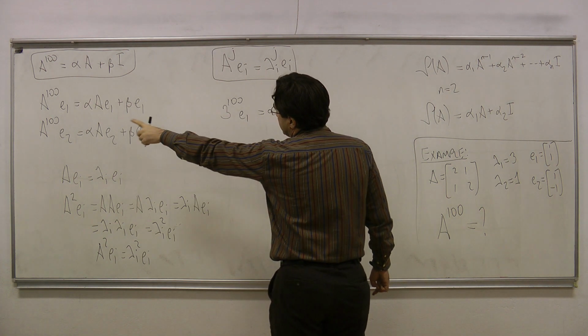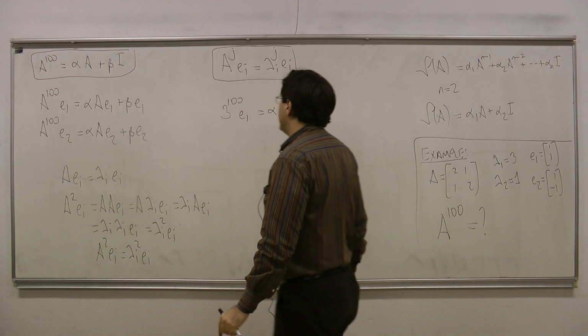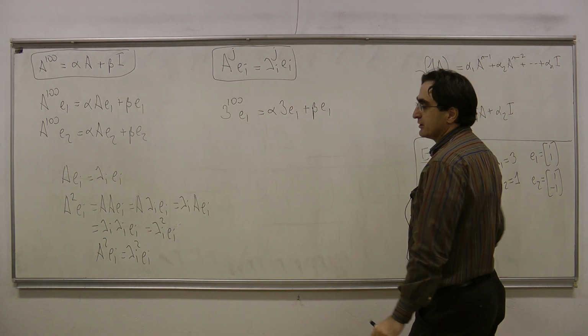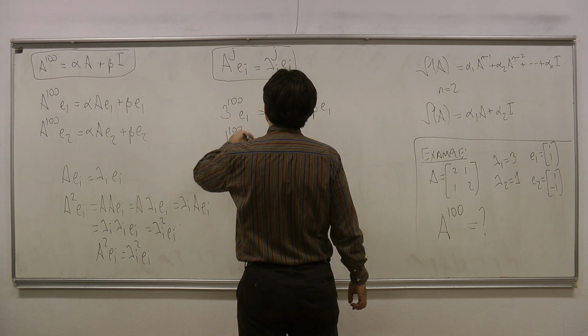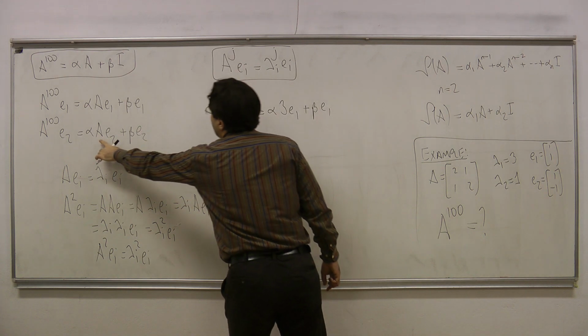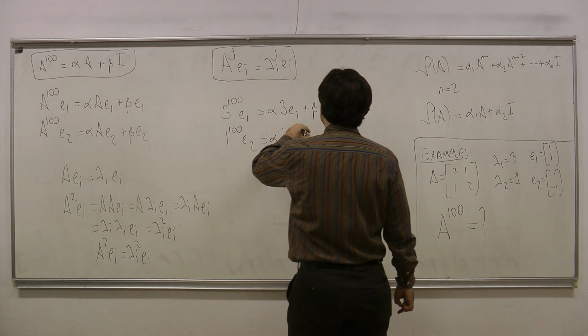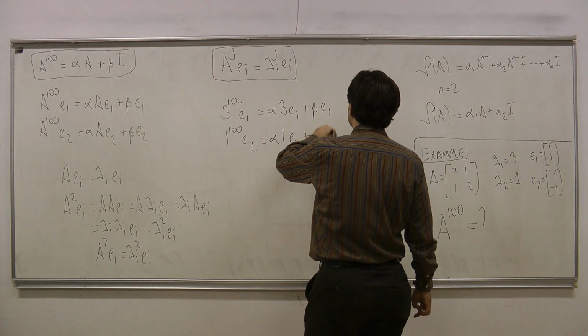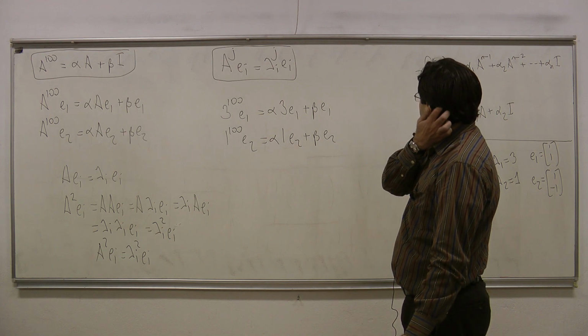Okay? And the second equation is A to the 100 E2 is lambda 2 to the 100. Lambda 2 is 1. So 1 to the 100 E2. And that is equal to alpha times A E2, which is lambda 2 E2. I have 1 E2 plus beta E2. Okay? E1 and E2 are non-zero vectors.